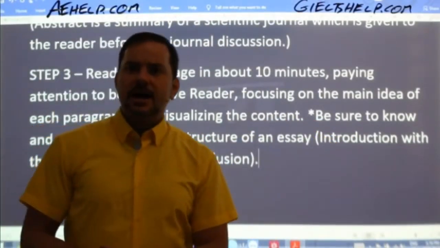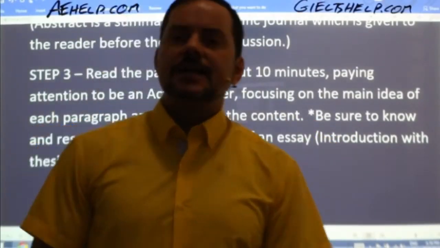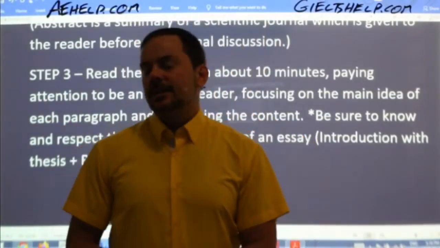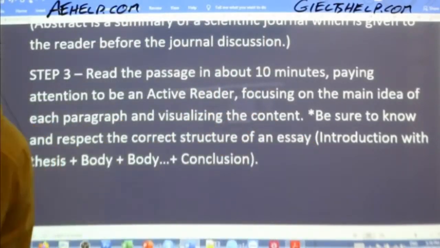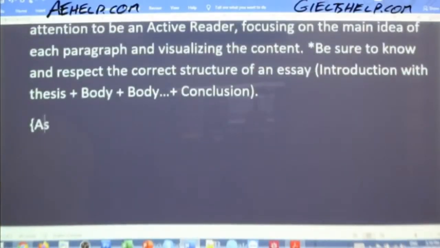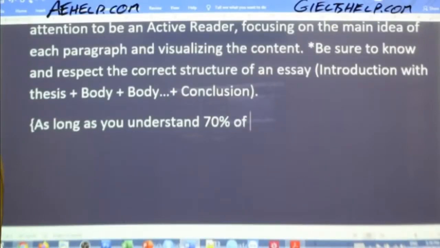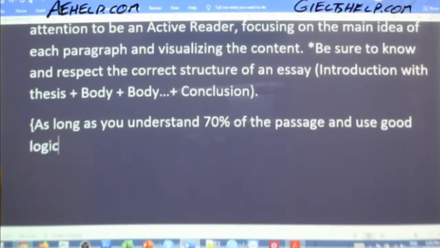do this right now. Someone is asking, do we need to understand the whole passage? Not necessarily. Okay, so that was a good question. Here's a bit of information. As long as you understand 70% of the passage and use good logic, you can get a band 7 or even more.